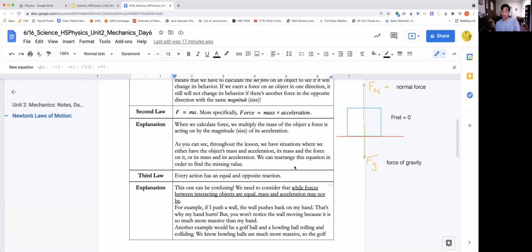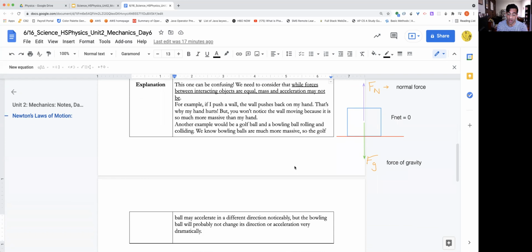All right, and the bowling ball, on the other hand, may not be all that affected by the golf ball, since the golf ball has such a smaller mass. So we see these kinds of discrepancies in the relative mass of things all the time when they're interacting in terms of forces, and therefore we see unequal behavior in terms of acceleration between these objects.